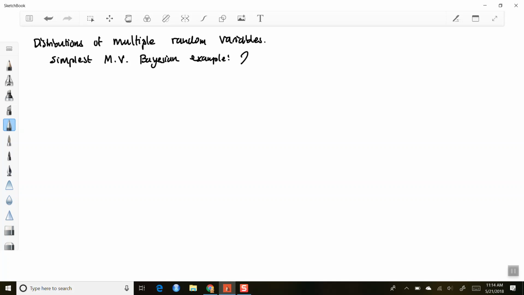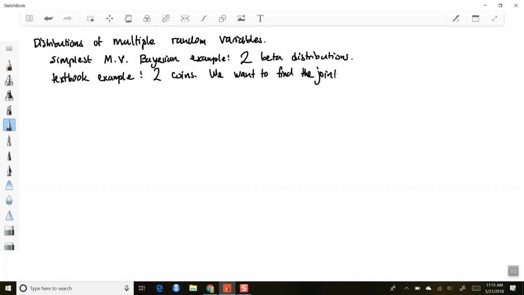And we'll look at two beta distributions. So our textbook example is that we have two coins, and we want to find the joint distribution of the probability of landing heads for both coins.